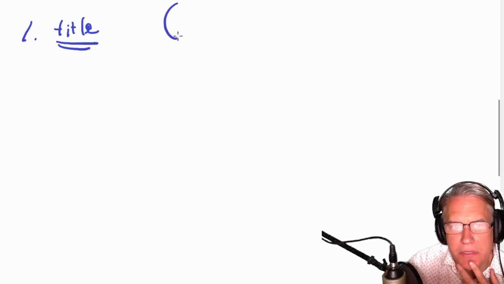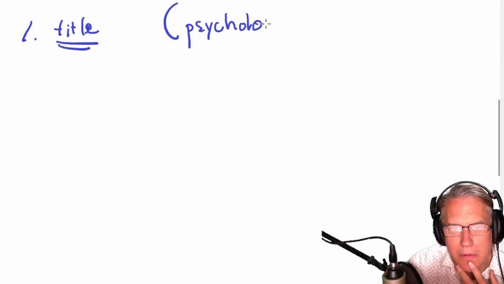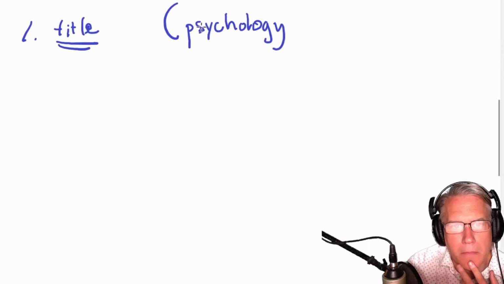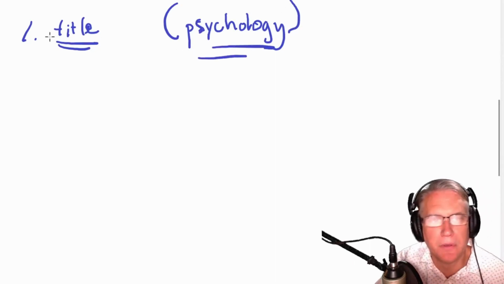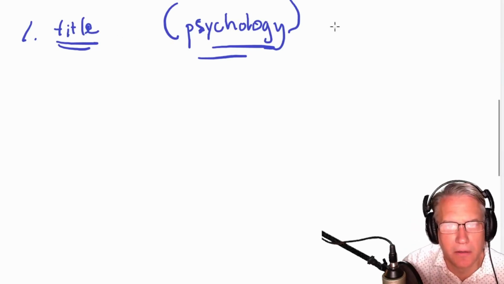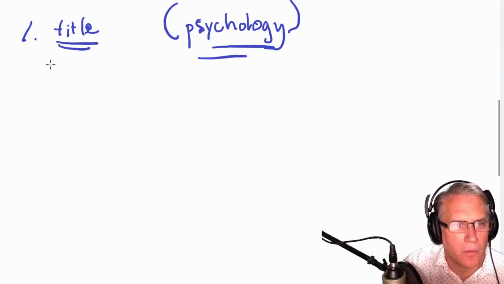We know that we're dealing with psychology because of the website. So something psychological. So that's a start. Look at the title. Try to understand the title. What does it mean?